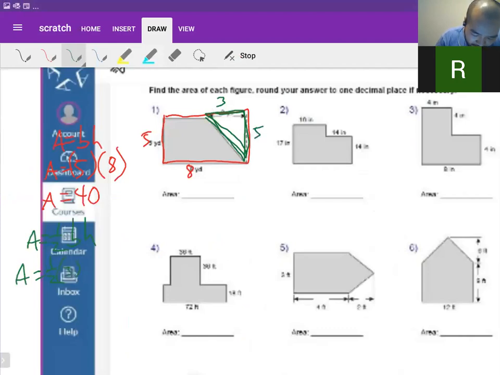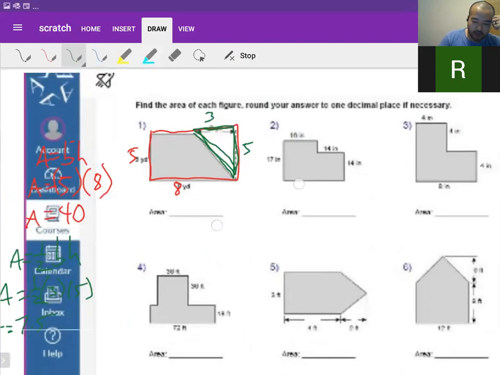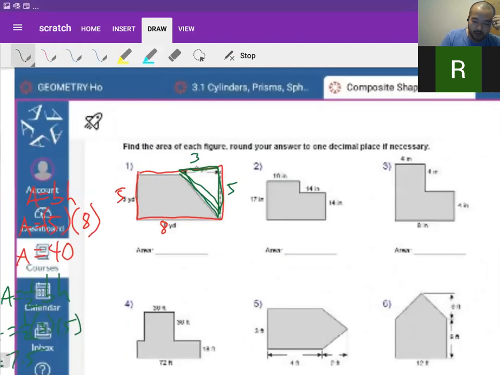So 3 times 5. 3 times 5 is 15. Half of 15 is 7.5. So A equals 7.5. So for number one here, it's 40 minus 7.5, which is 32.5. That's this one.